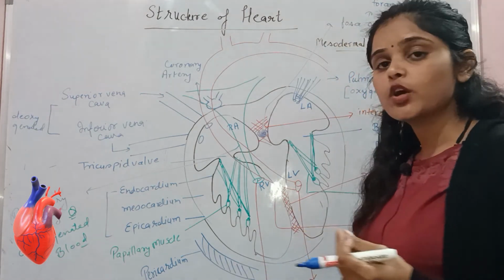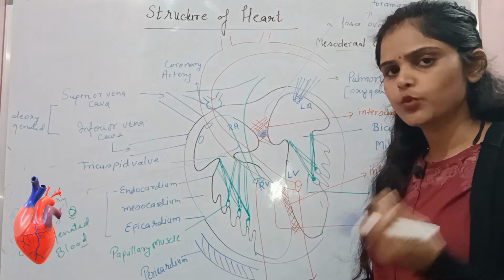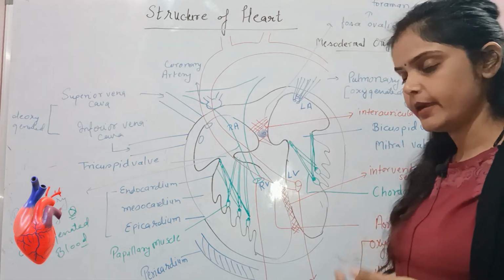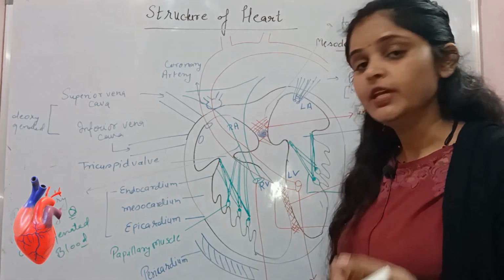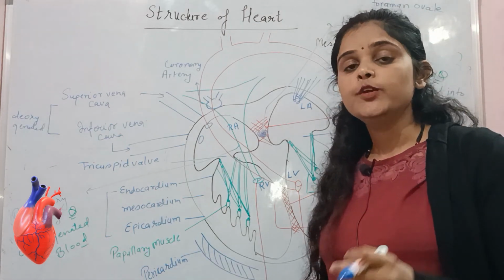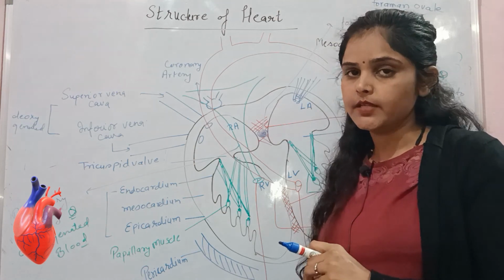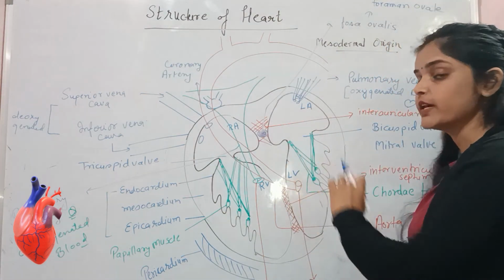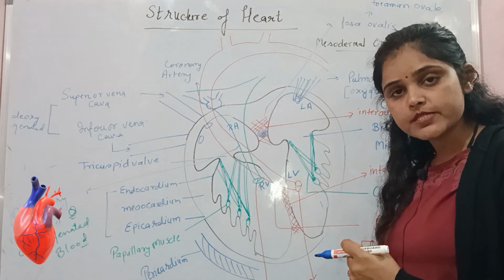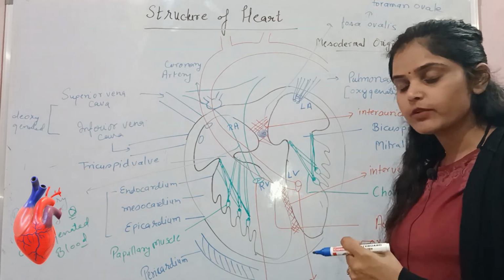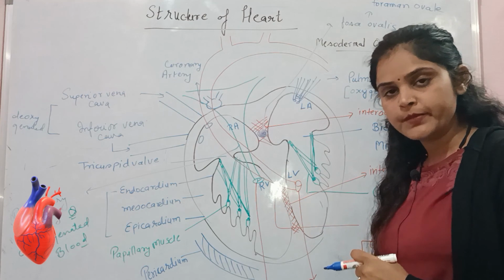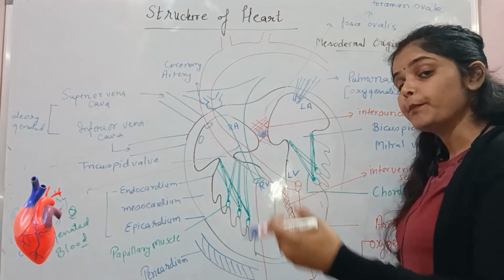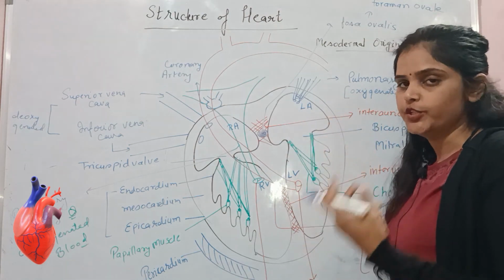If I talk about which layer is the thickest, among the epicardium, mesocardium, and endocardium, it is the mesocardium layer, which has more cardiac muscle. So we are saying that the left ventricle has the more muscular wall, because of the presence of mesocardium, which has more cardiac muscles. So that's why it can pump blood to the whole body with huge pressure.